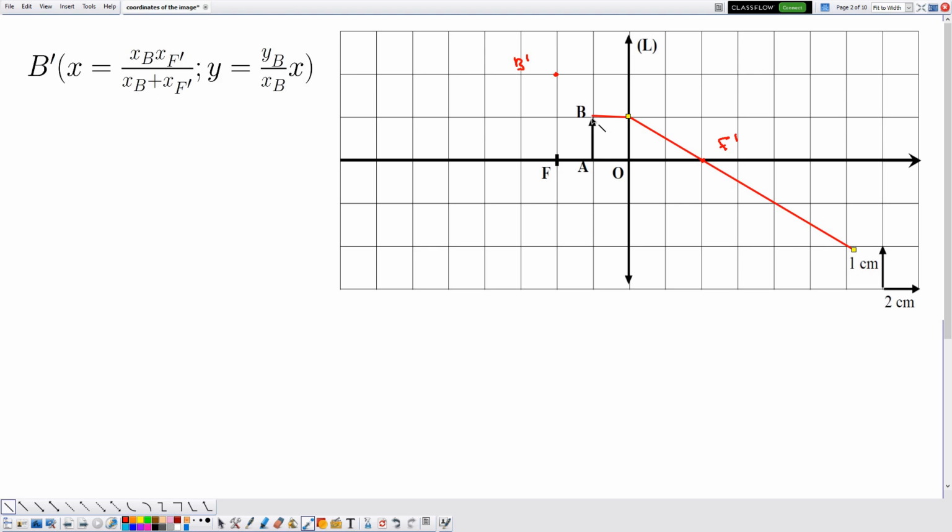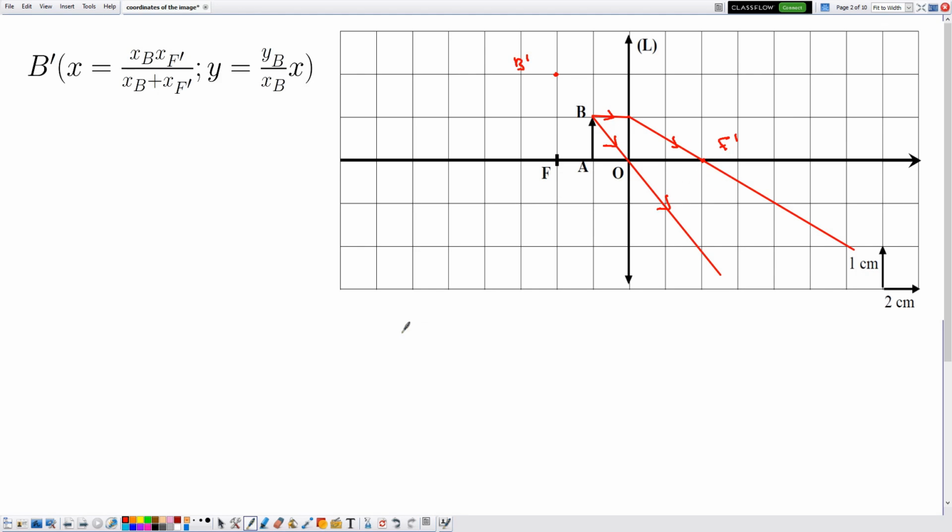And if you consider another one passing through the optical center, it will emerge without deviation like this. So the two emergent rays don't intersect in front of the lens, therefore behind the lens, therefore we need to prolongate them backward. So we know that the prolongation will pass through the image B prime, as well as for the prolongation of this ray. And for sure A prime will be the foot perpendicular of B prime on the optical axis like this.